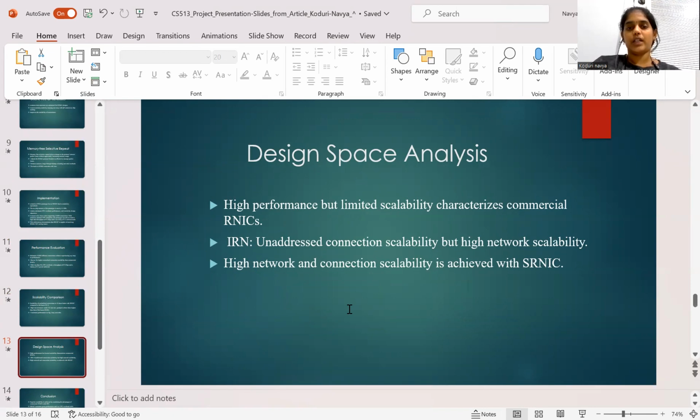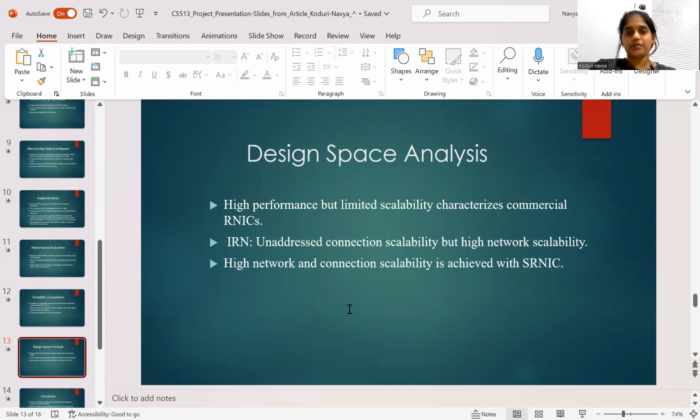Now, both high network and connection scalability are achieved by this system, that is sRNIC. The currently proposed architecture, sRNIC, achieved both the network and the connection scalability.